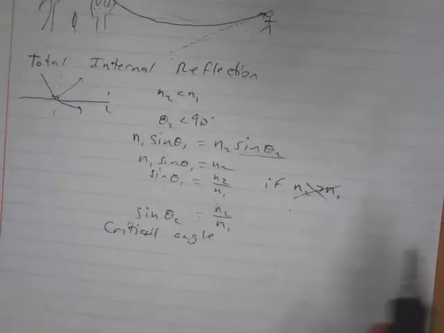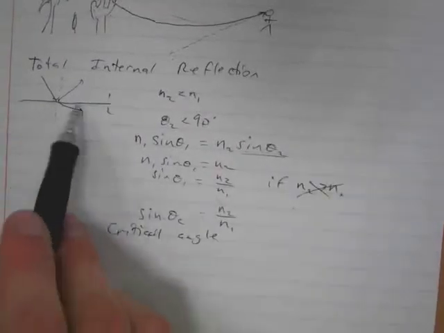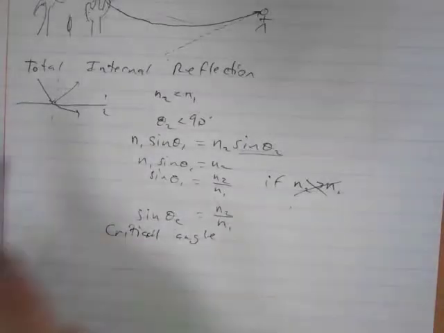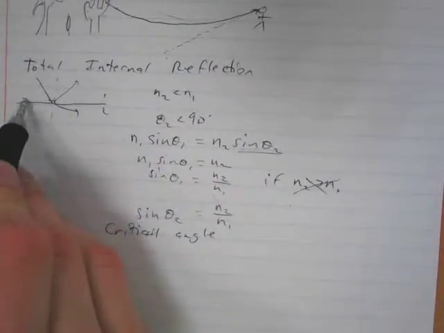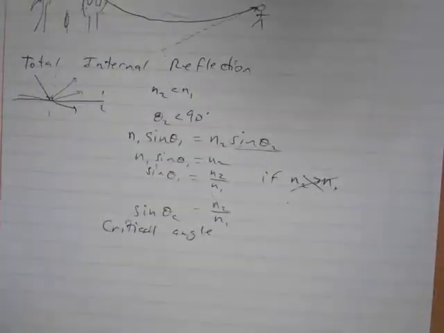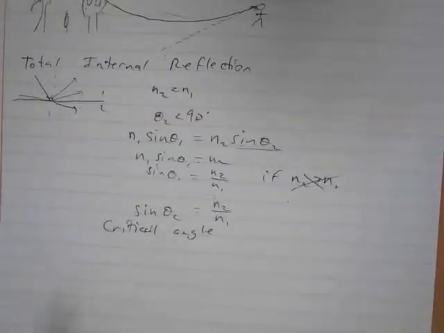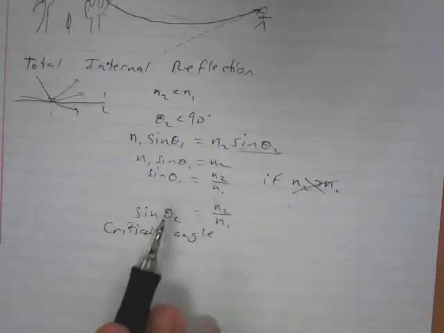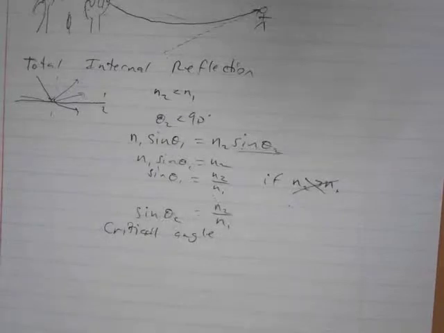So if n1 is greater than n2, there is an angle where there won't be any refraction. No light will pass into the new material. It'll just bounce back and remain in n1 when the angle of incidence reaches this critical angle.